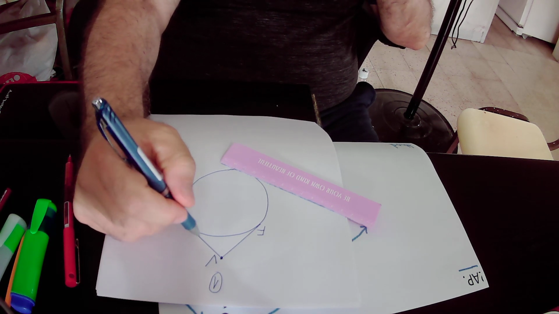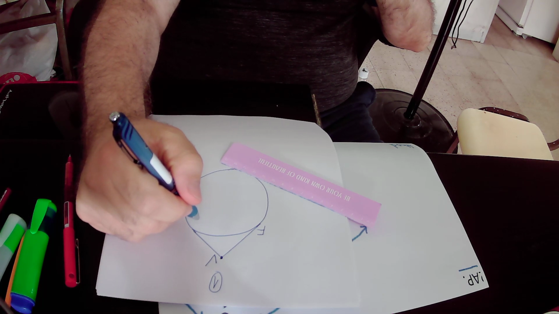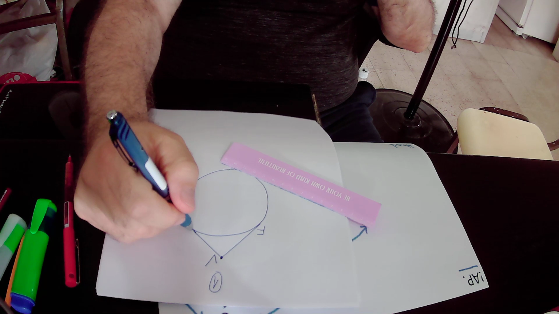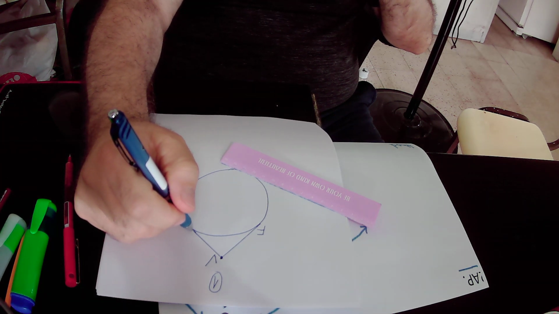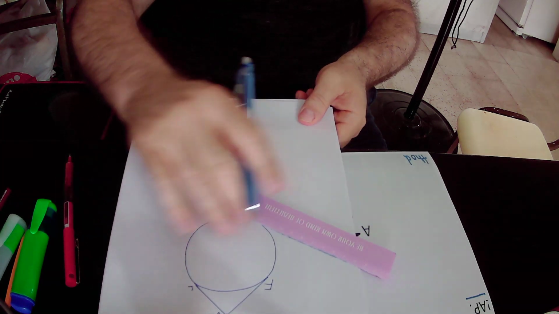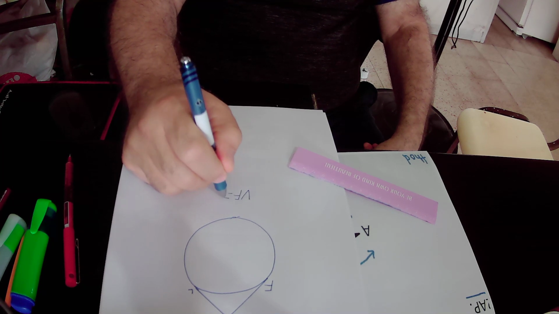And this is the second tangent from point V to this circle. Let's call the touching point of the tangent with the circle L. Then we can say that VF equals VL.